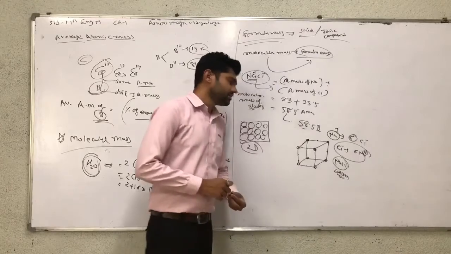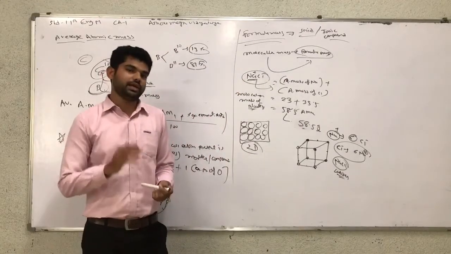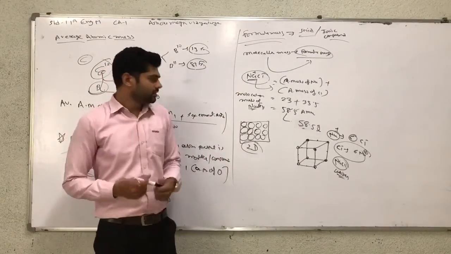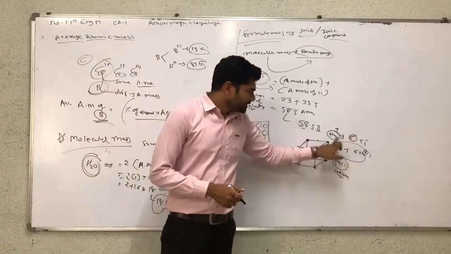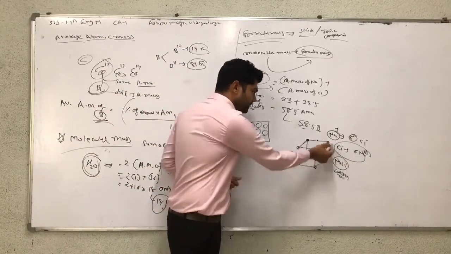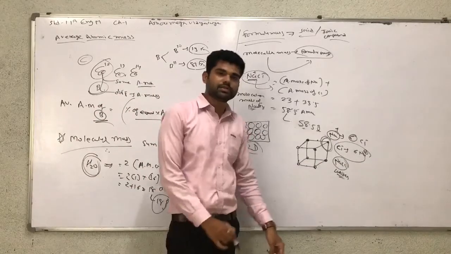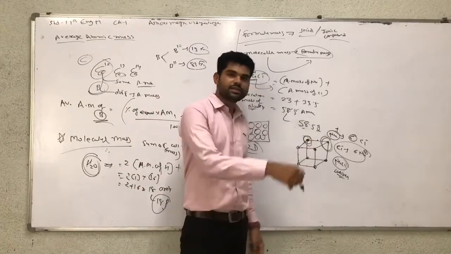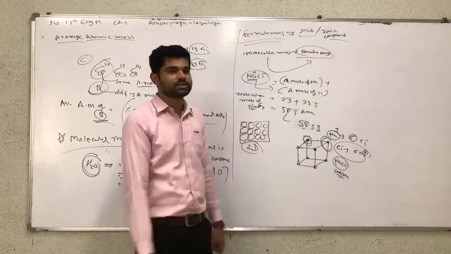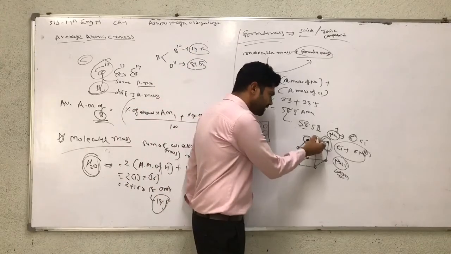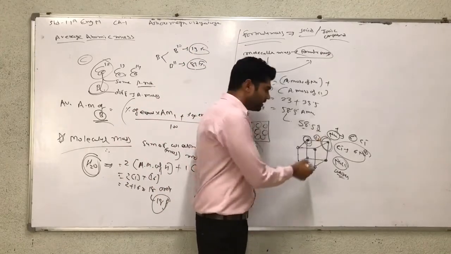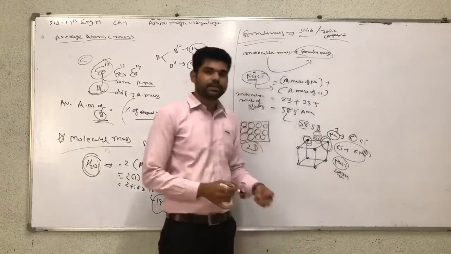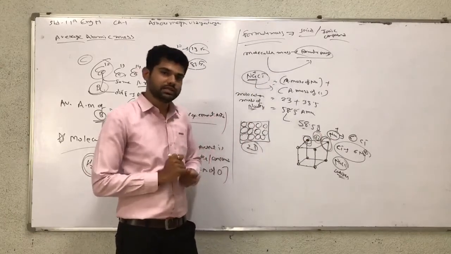It means step by step layers of Na and Cl around, 6 to 1. One Na has 6 Cl around it in three dimensions, and similarly this Na has 6 Cl around it, and each Cl has 6 Na around it in a three-dimensional structure.